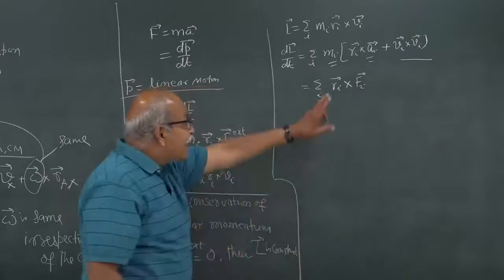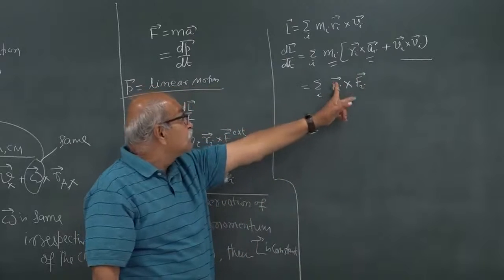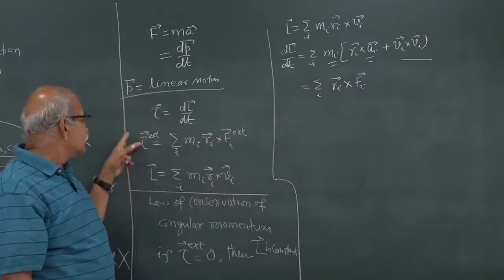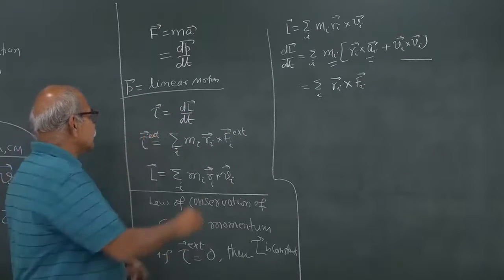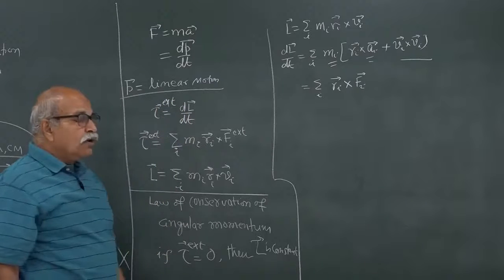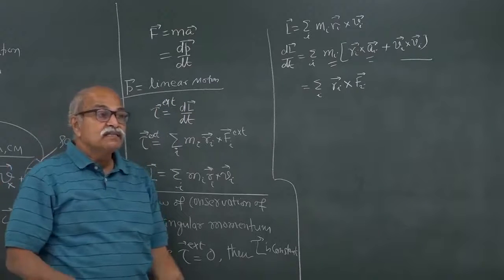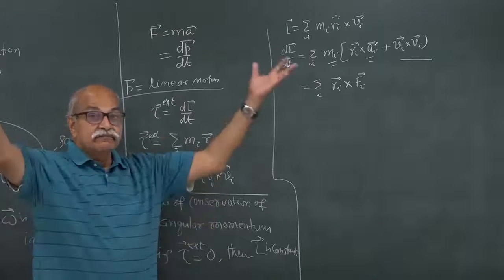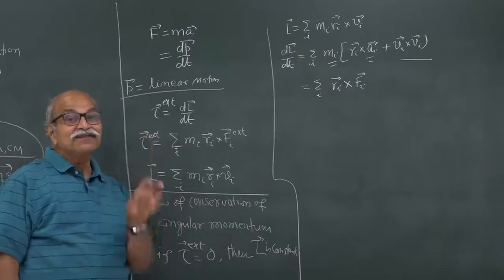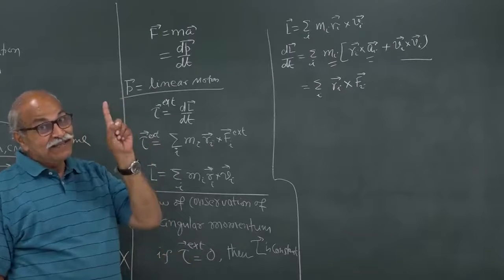Okay. But that does not prove this relation that dL/dt is torque external. This is external torque I have written. That means the torque by the forces by objects outside that rigid body, not part of the rigid body. So, that is what I am calling external.